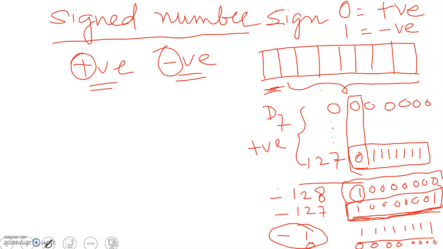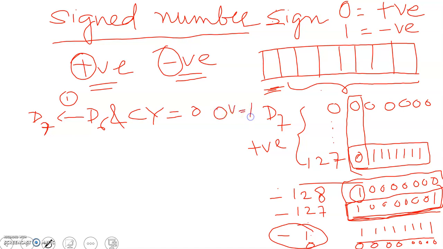Whenever there is a carry from D6 to D7, but no carry out of D7, that means CY is equal to 0, then if both conditions are met, the overflow flag is set. So that is the first condition.